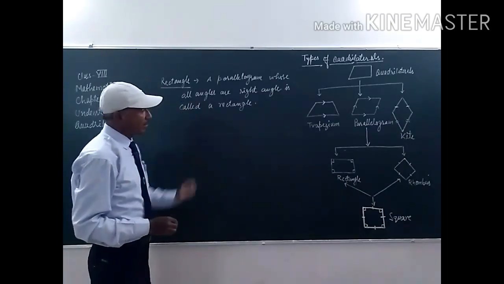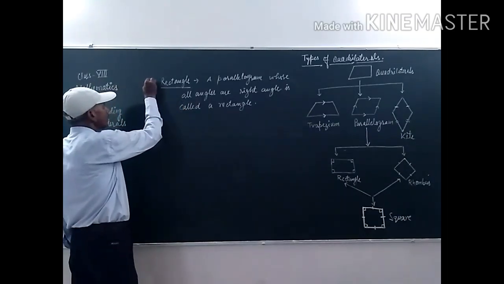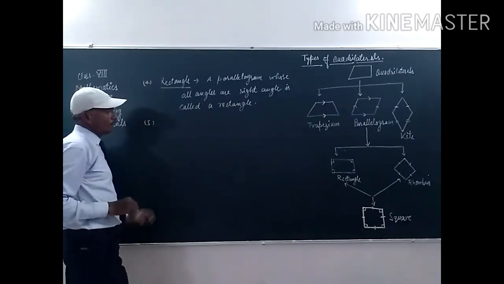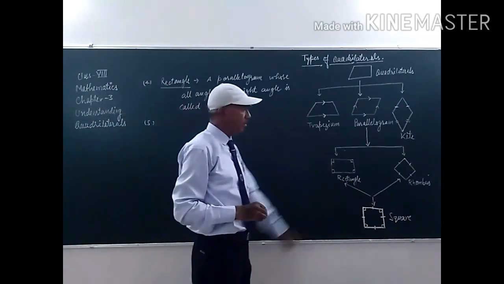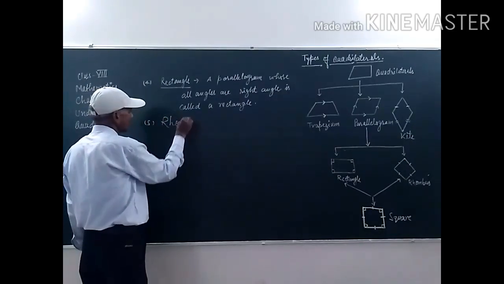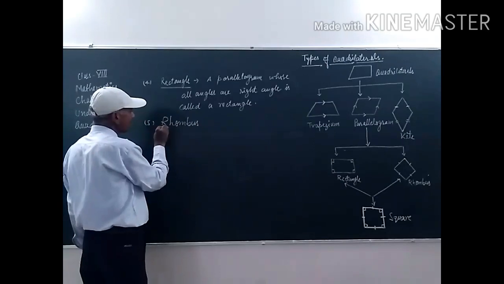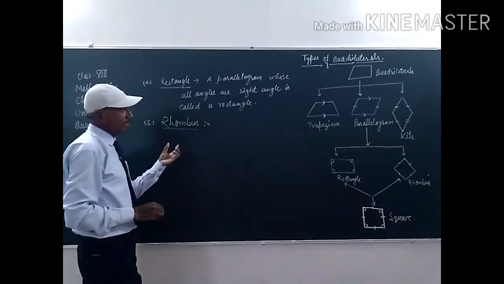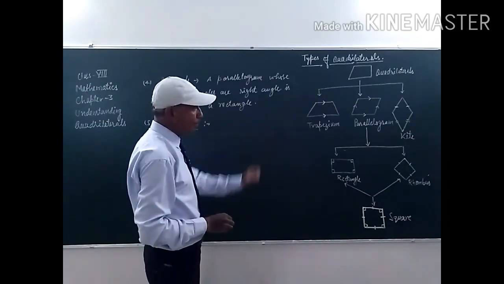And the next figure is the rhombus, students. This one is a rhombus. It is also a parallelogram, so we have to define it in terms of a parallelogram.